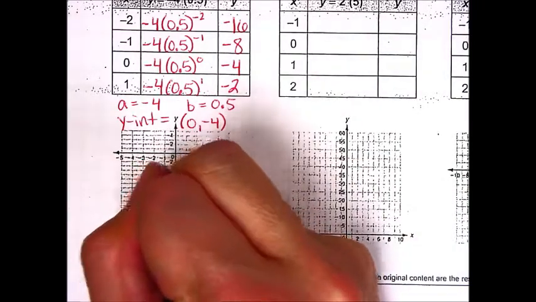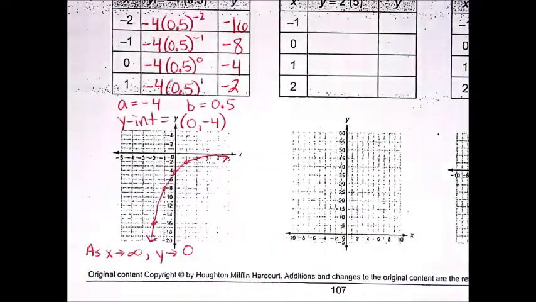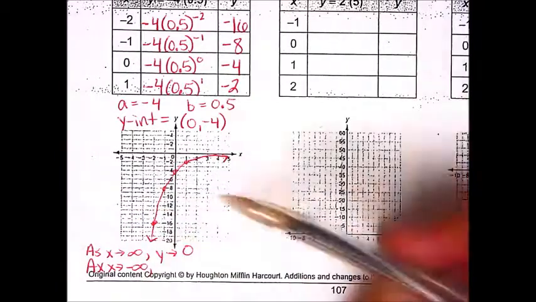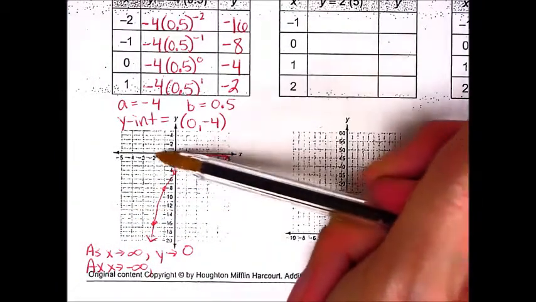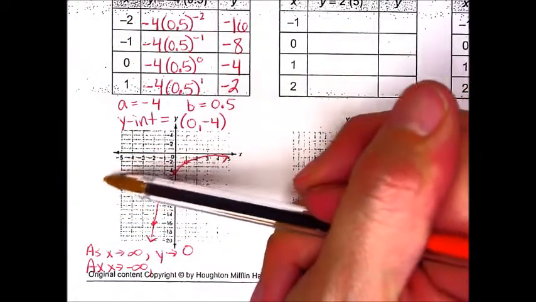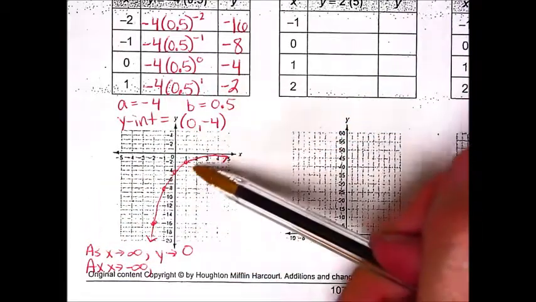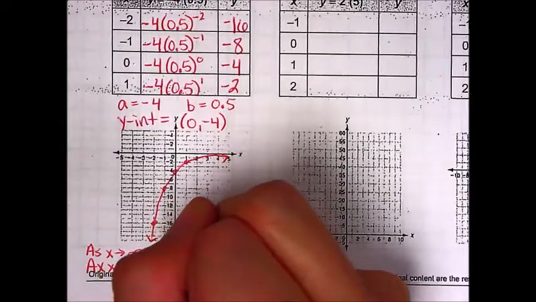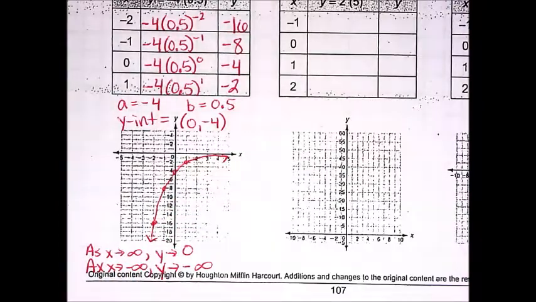So y approaches 0 because there's an asymptote there. Okay, other end, as x approaches negative infinity, that's this way, because if you go left, you're approaching negative infinity on the x-axis. Your y goes down, down, down, down, down forever. So y approaches negative infinity.